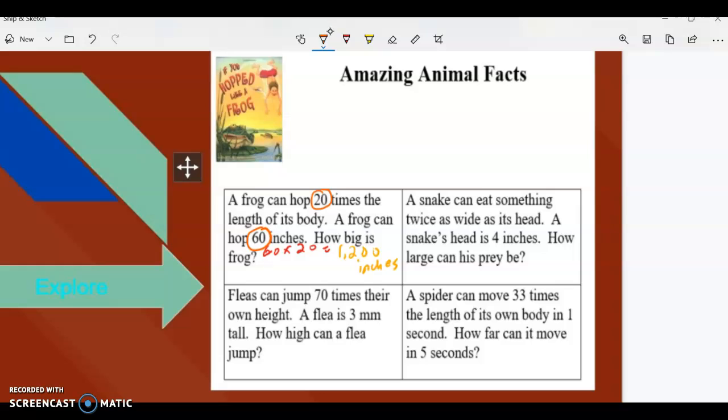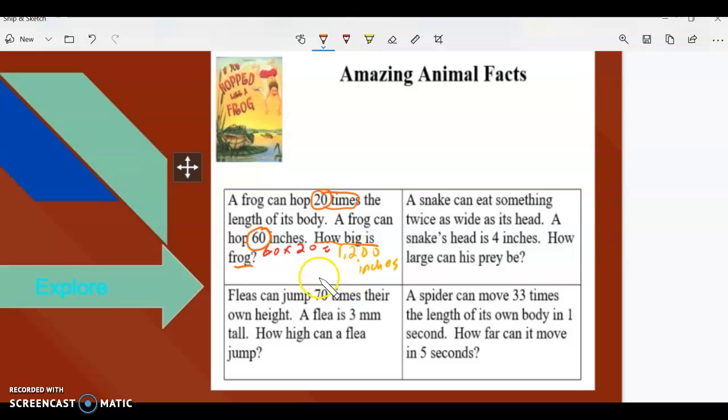You're going to underline the question. So how big is the frog? For key words or key terms inside of there, it says times the length. That's a clue like we talked about previously. Times means that you are going to be multiplying.